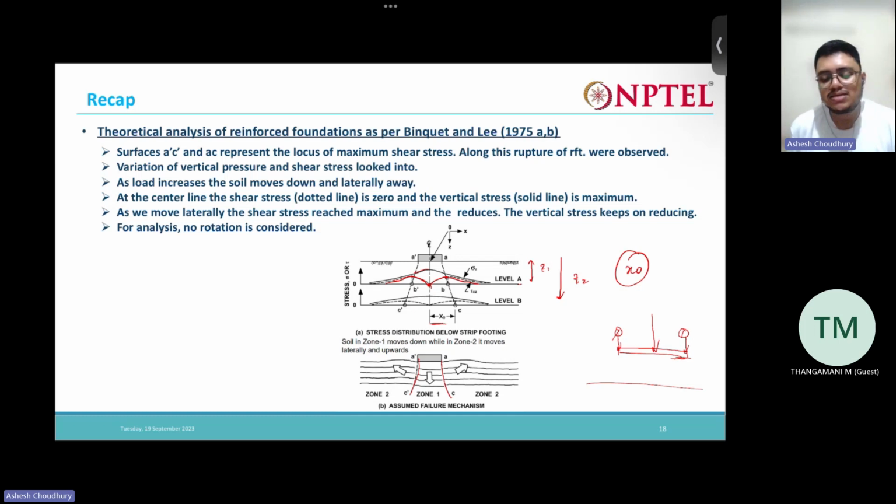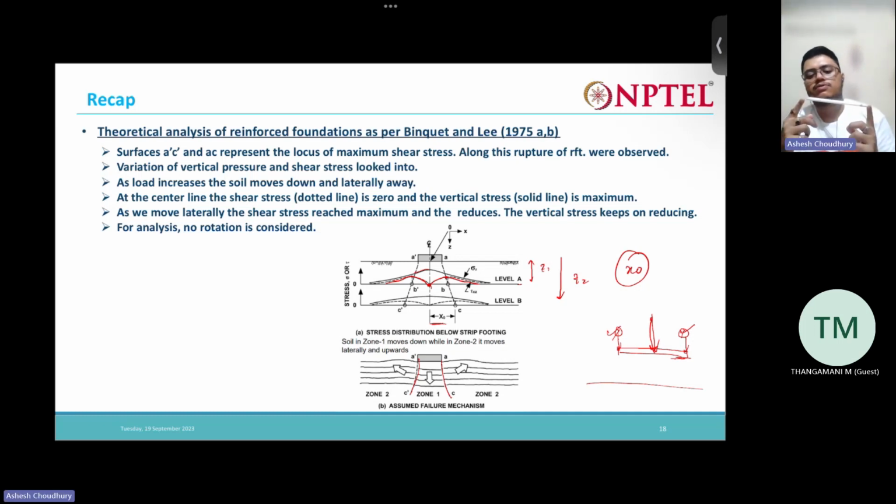As you increase the load, the displacement at the two edges won't be the same. On one side it will be a little bit more, on the other a little bit lesser. So there is a tendency of the footing to rotate.